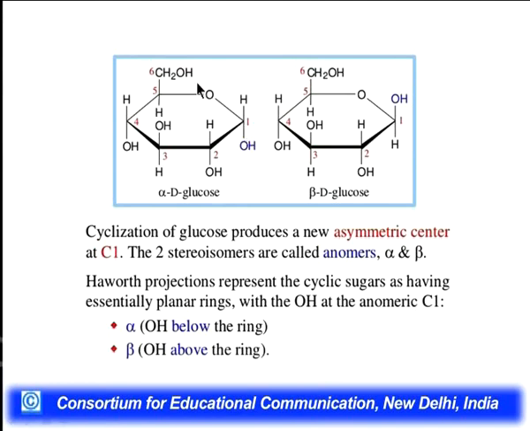If the OH is trans to CH2OH, then we say that the configuration is alpha, and in case the OH is on the same side as CH2OH, then we say that the configuration is beta. And if CH2OH is on the uppermost side, then we say that the configuration of the sugar in the open chain structure was D configuration.